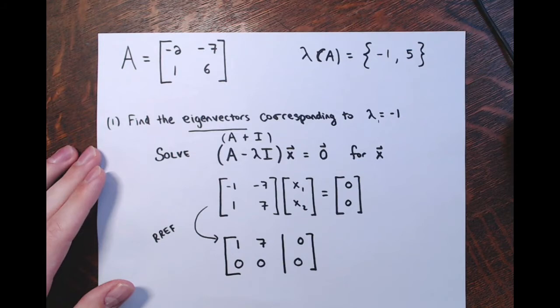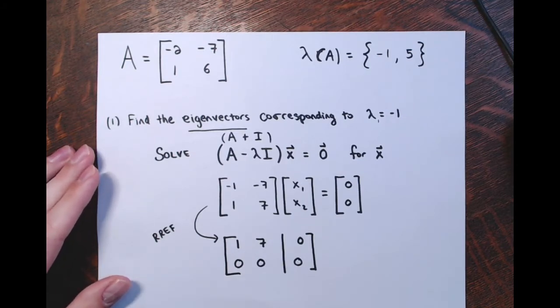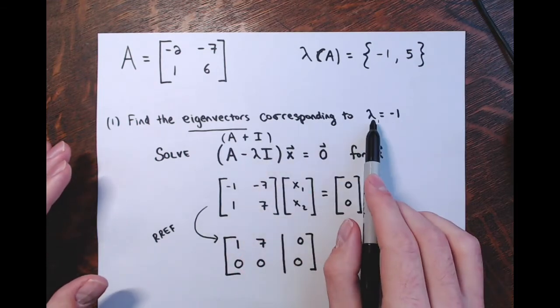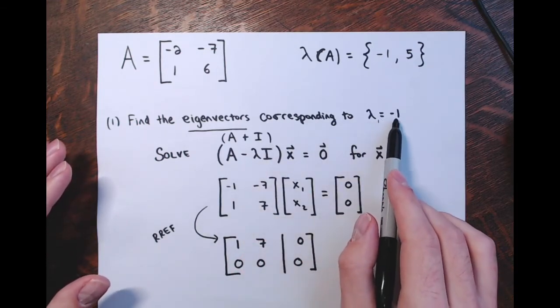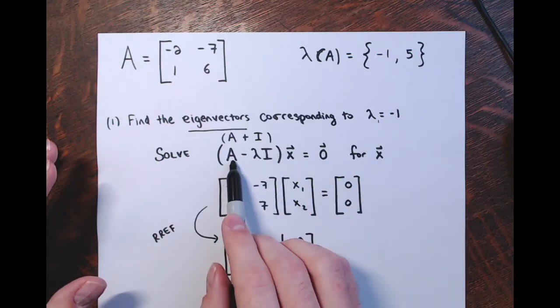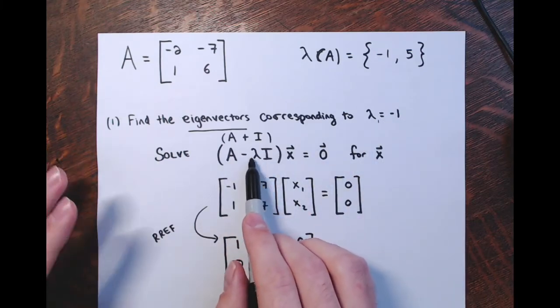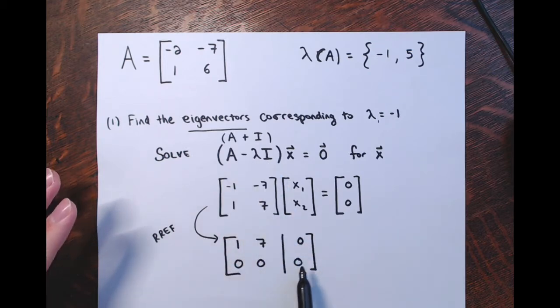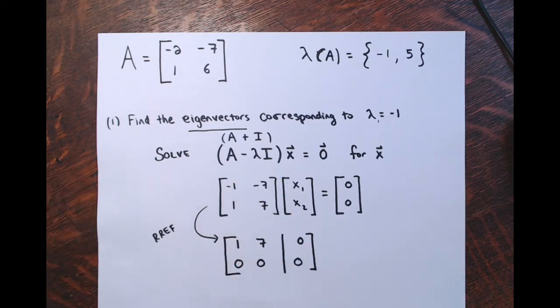Very easy to do with only 2 rows here. And remember, for these eigenvalues, these are values such that the determinant of A minus lambda I is 0. So there should be no inverse, right? So you should end up with at least one row of zeros when you do this.